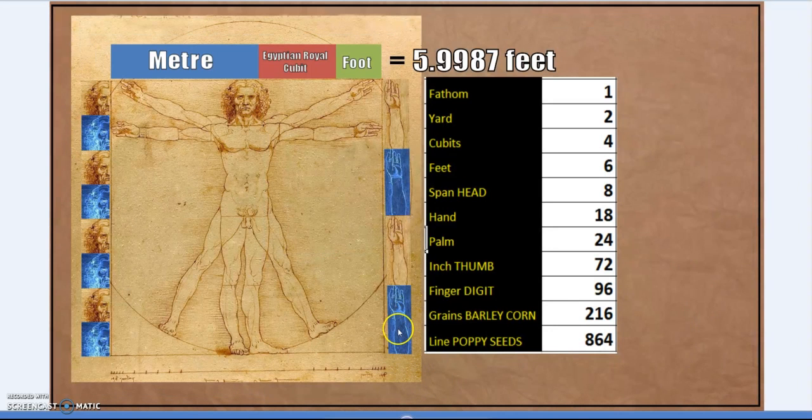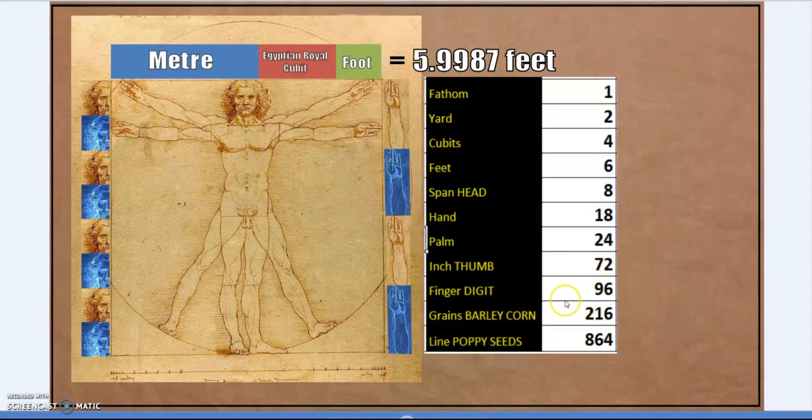It's also worth noting, 4 cubits by the modern English scale is 2 yards or 6 feet, and of course the actual human foot has nothing to do with this measure. Now also worth noting, we have thumbs or inches. 6 times 12 inches is 72.